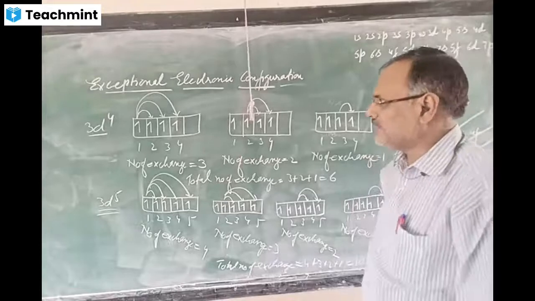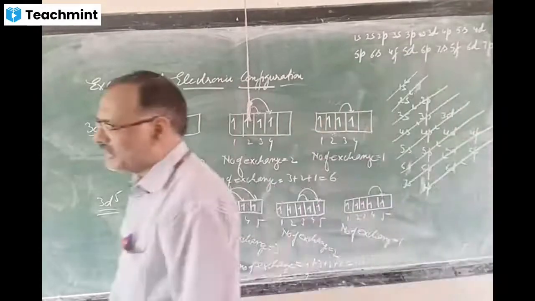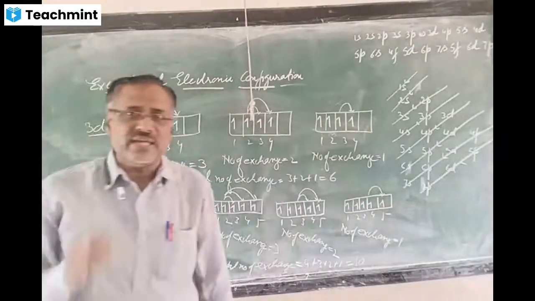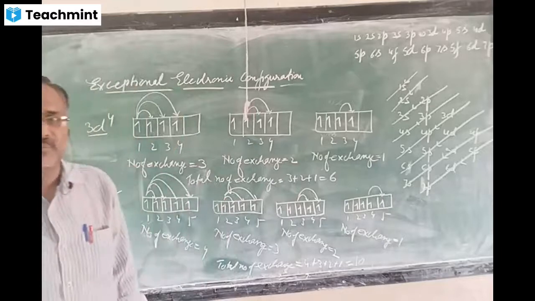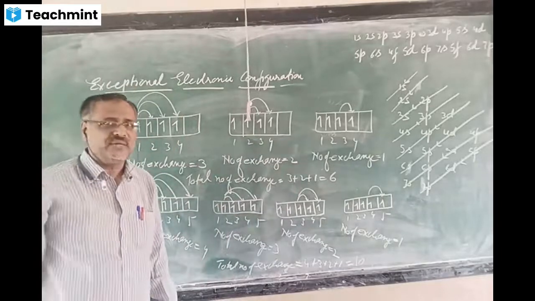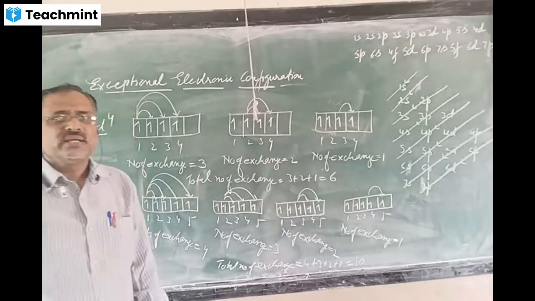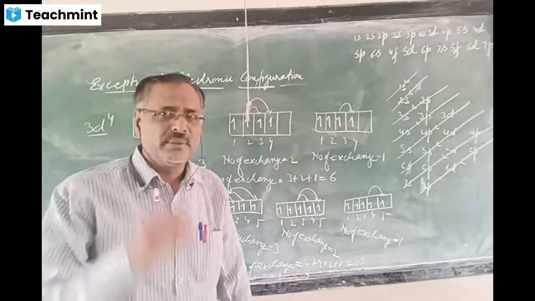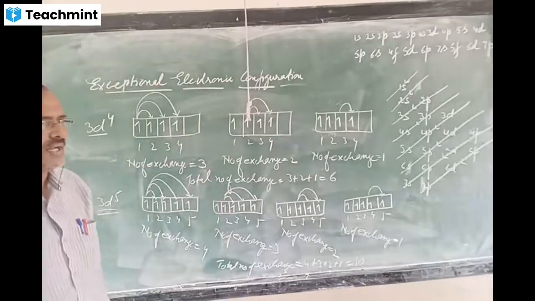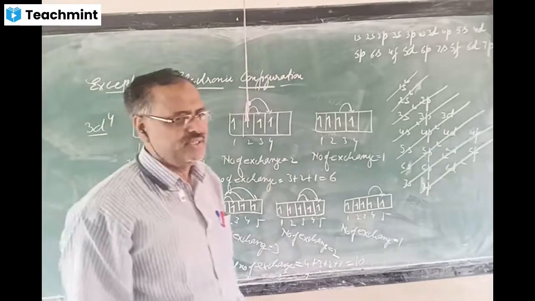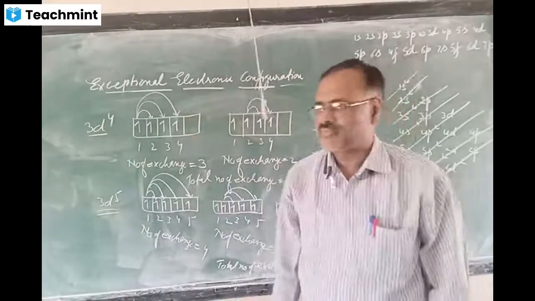That's why when you compare 3d4 and 3d5 for chromium, 3d5 will be more stable. So that's why we accept 4s1 3d5 for chromium.